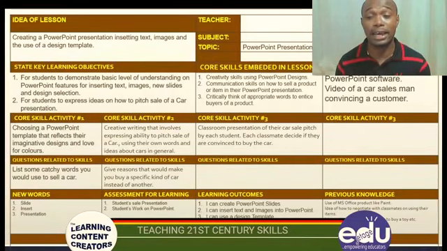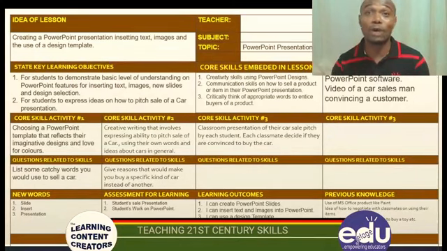They have seen different cars, so they can write why they prefer a certain car instead of another, and that will help them present a better sales pitch in their next presentation, in the next class, or in the next skill you are trying to teach. They will fine-tune their sales pitch, and they are good to go.